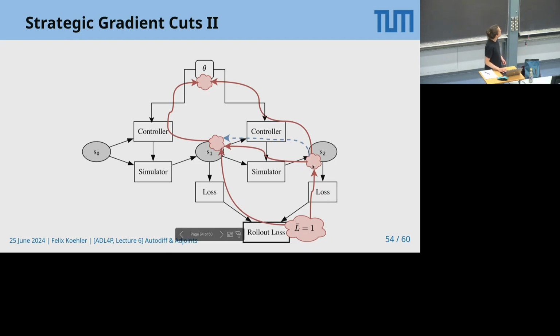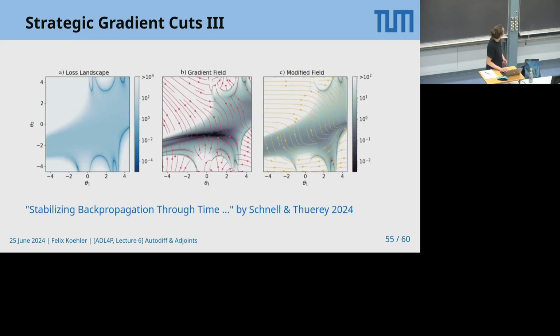Since there are two ways to go from the second state to the first state, one through the simulator, and one through the simulator and the controller, there are two ways gradients propagate in reverse. What Patrick argued is that this is a very undesirable way to go, and we should strategically cut that. This leads to some advantages in the optimization, so maybe a more desirable optimization for the actual problem within the parameter space.